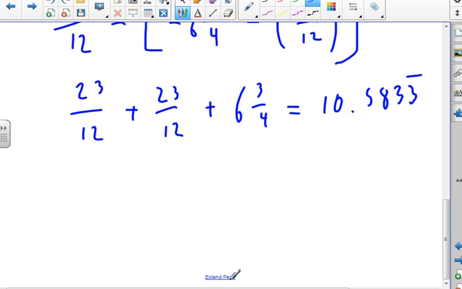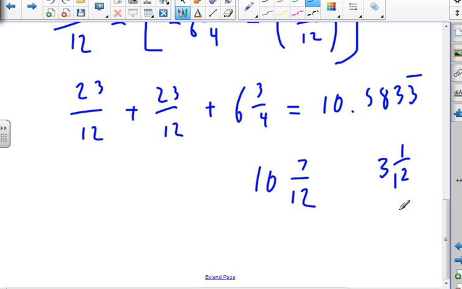It's 10 and 7 12ths. Yes. So am I close? 10 and 7 12ths, or 127 12ths. I'm only supposed to have 3 and 1 12th, and I got 10 and 7 12ths.